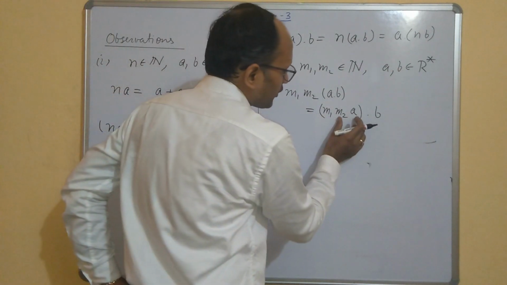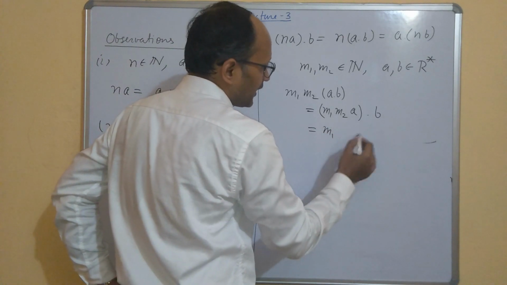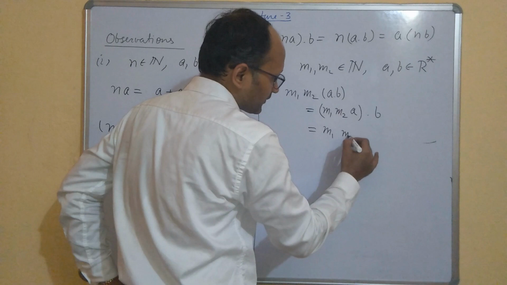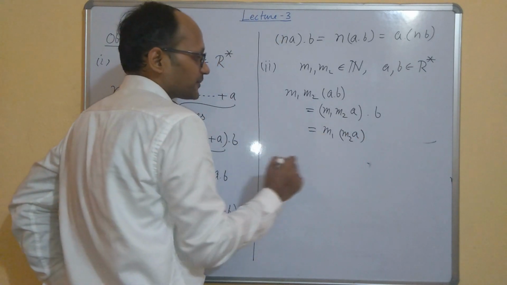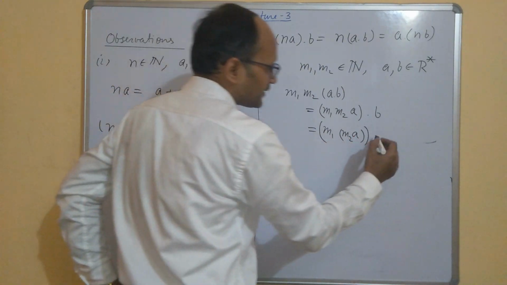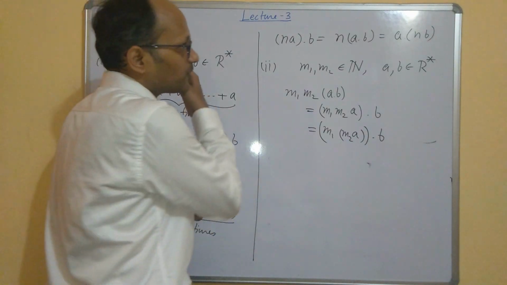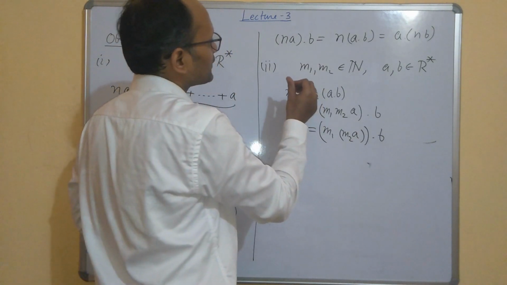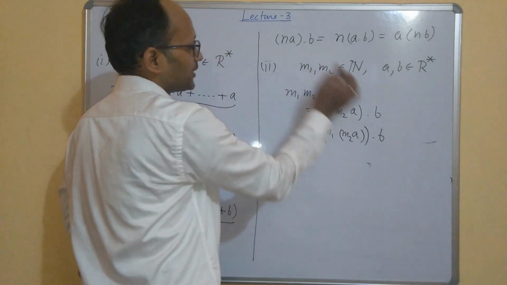As soon as you talk about m1 and m2b, m2a is an element of the ring, and then m1 is an integer. So now again apply this formula. This is n times a, so this is m1 times something into b.